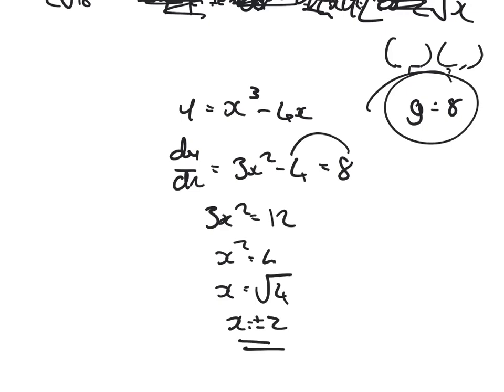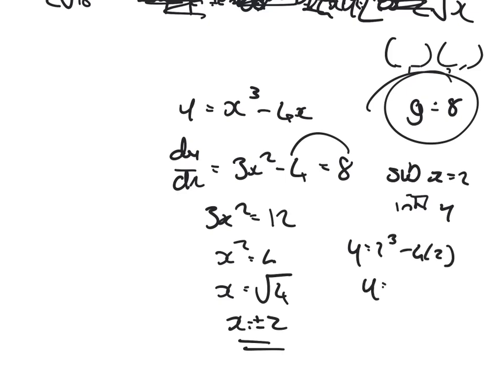So to find the first point of contact, I'm going to sub x = 2 into y. That'll give me y = 2 cubed - 4 lots of 2. That's 8 take away 8, which is 0. So the first point of contact, which I'll call POC 1, is (2, 0).